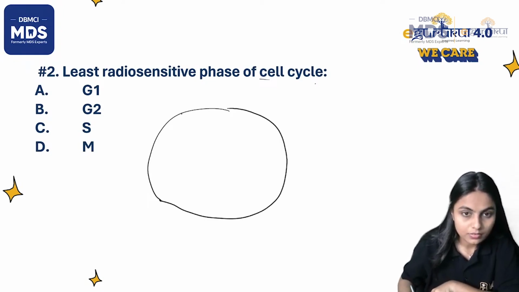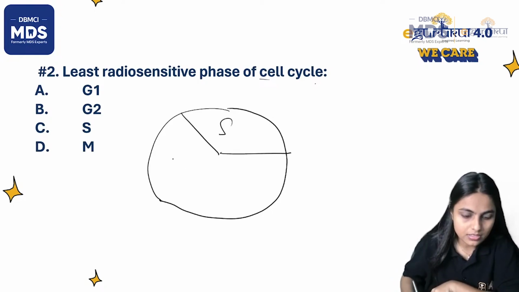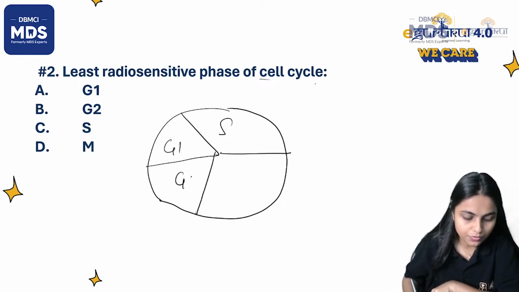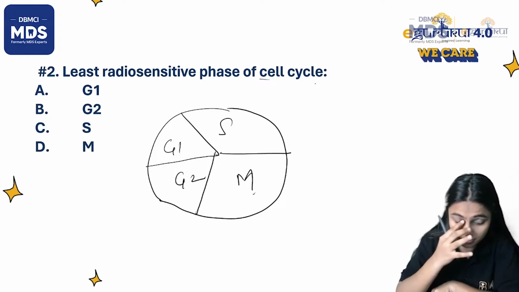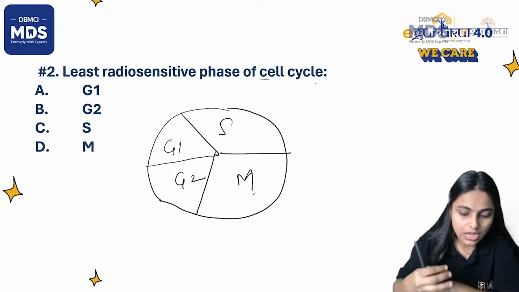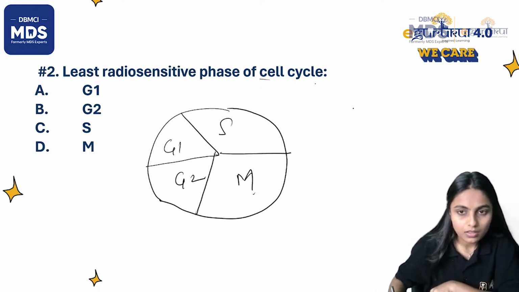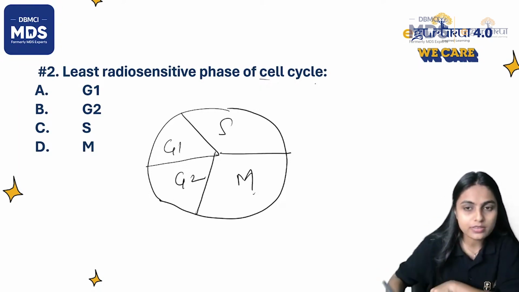We have different phases in the cell cycle, right? Like synthesis phase, G1 phase, G2 phase, and mitosis phase. Now, the cells which have more reproductive capacity will be more radiosensitive.